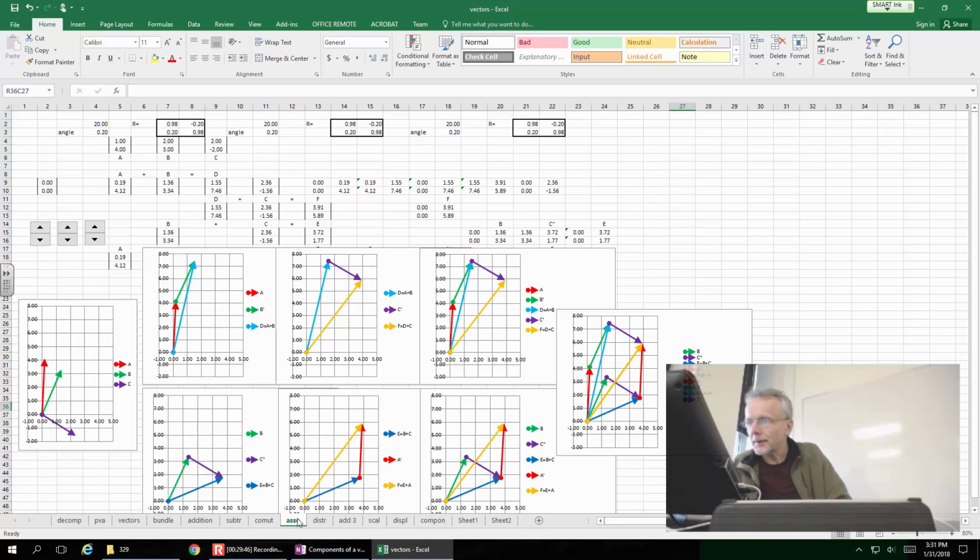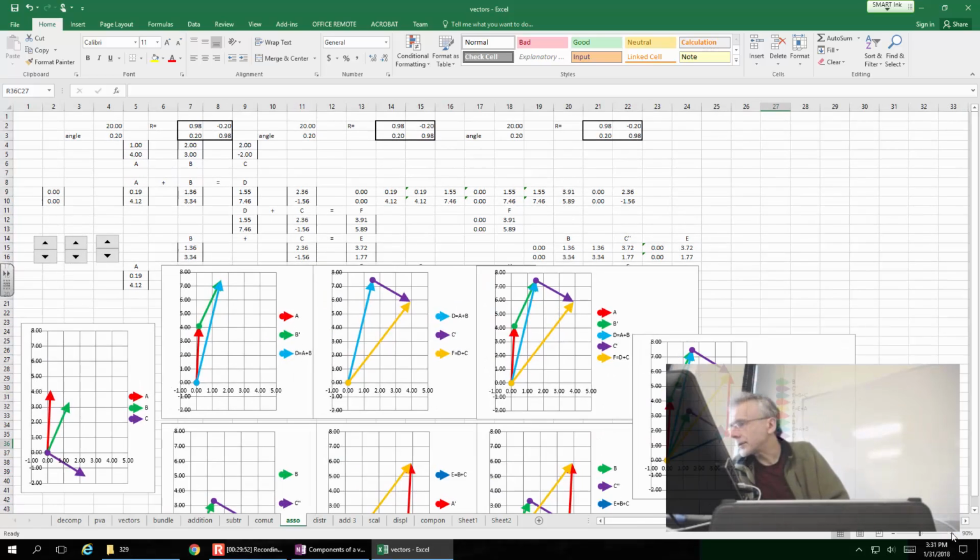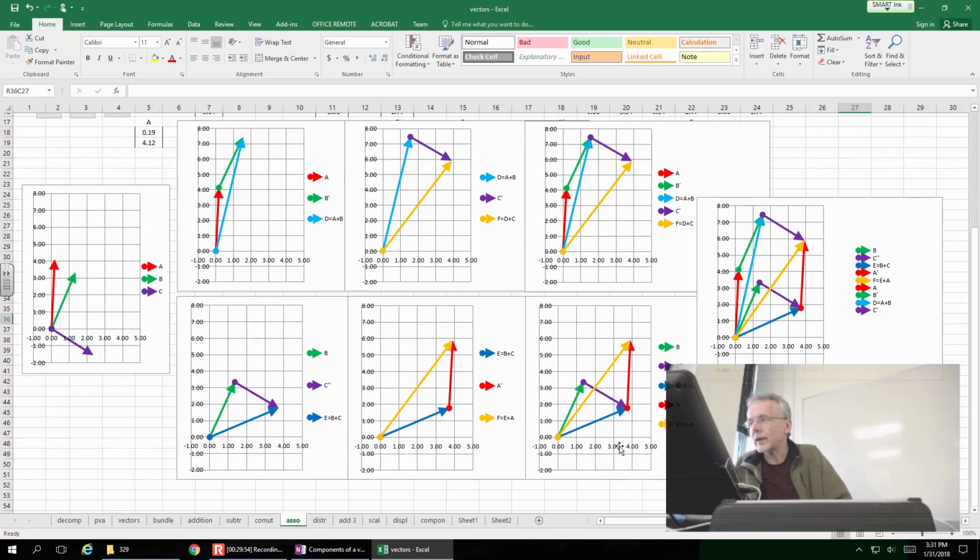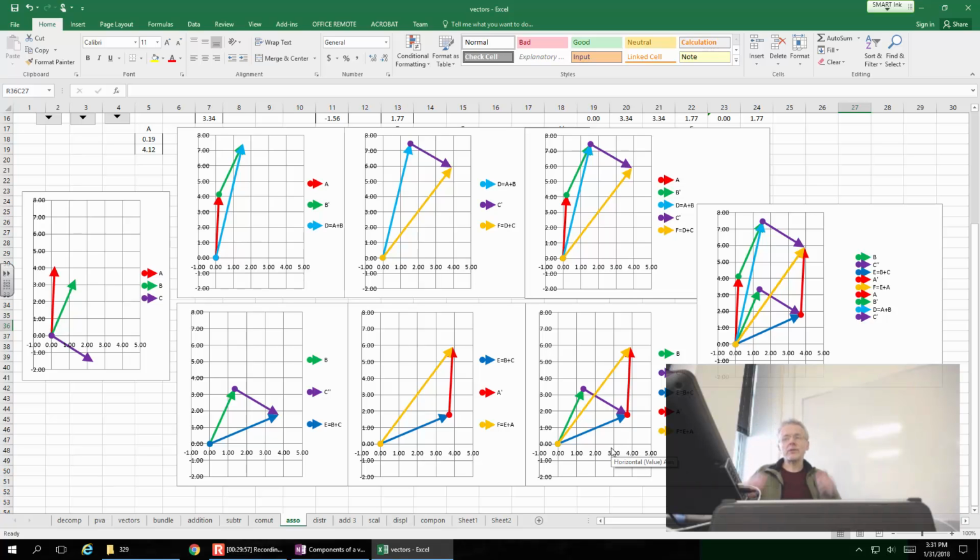This is associativity. Okay, let's take a closer look at it. Once again, the computation is carried out in the same way as before, coordinate-wise. You certainly cannot do this without a spreadsheet. You need numbers, so you take those numbers. The numbers once again are here.